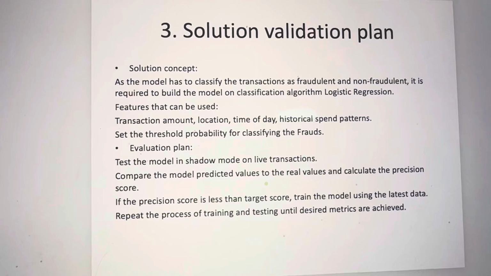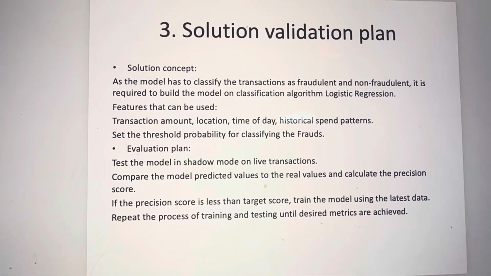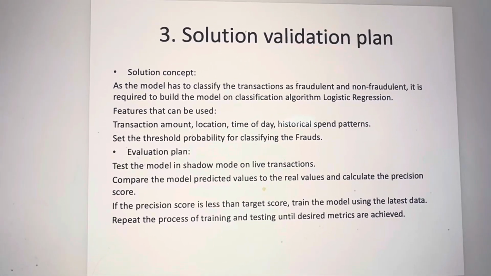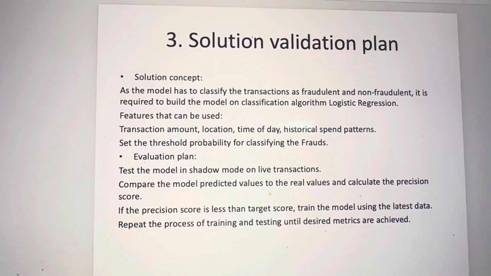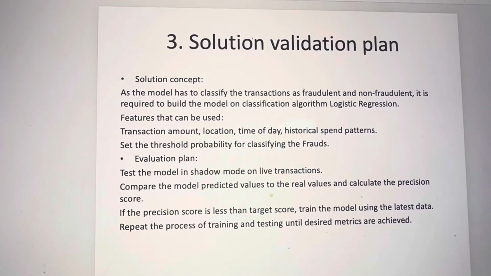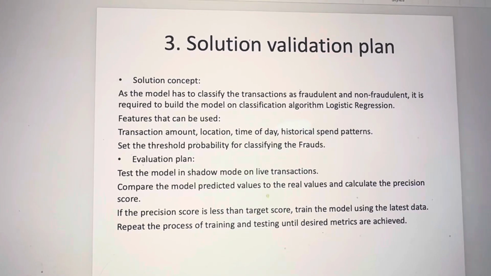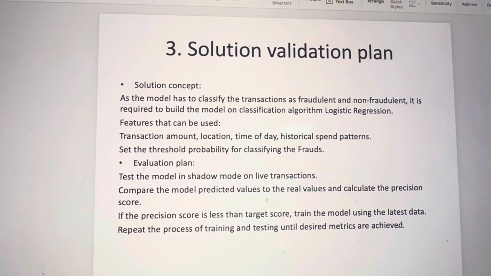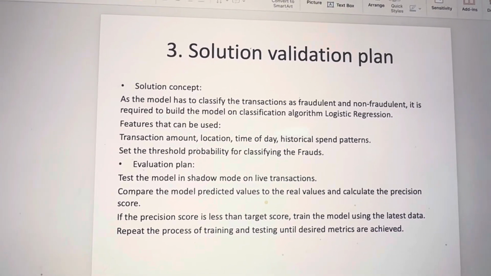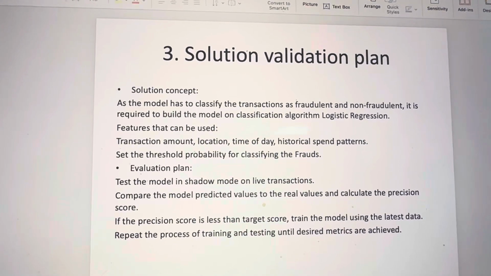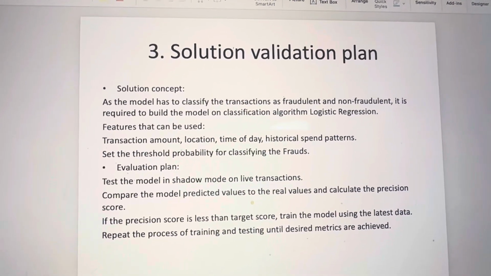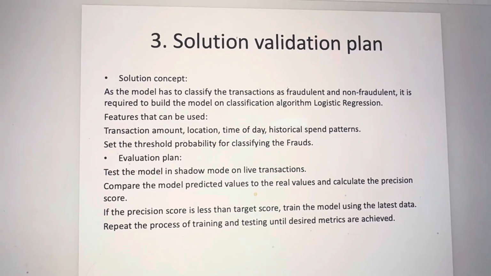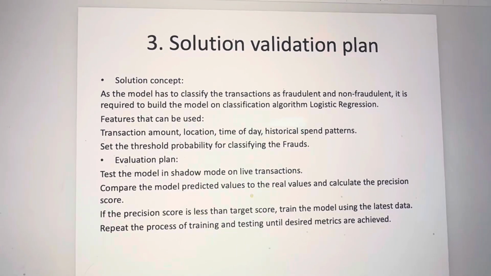And the evaluation plan that I have designed for this ML model is, initially after training the model, we can test the model for a decided amount of time in shadow mode on live transactions. So the model will be tested in shadow, and the predictions made by the model will be compared against the real values of the customer data, and then we can calculate the precision score.